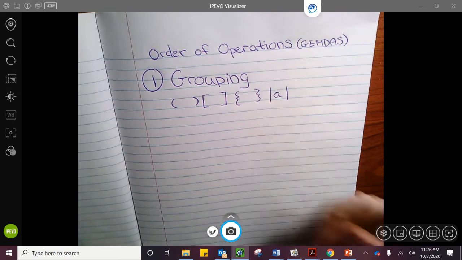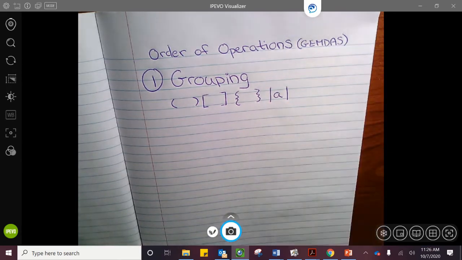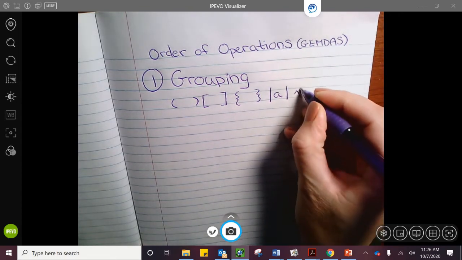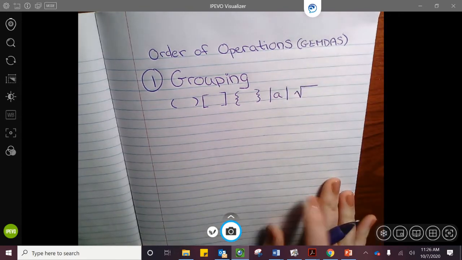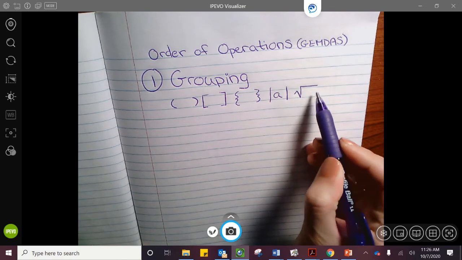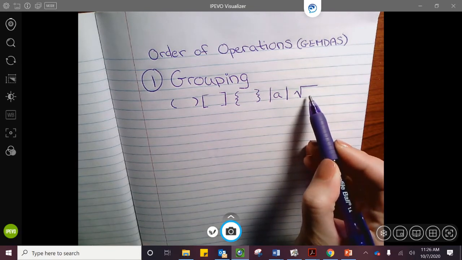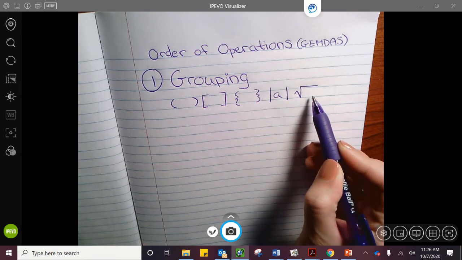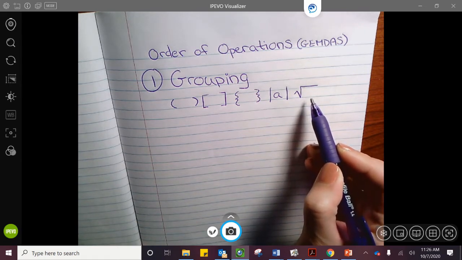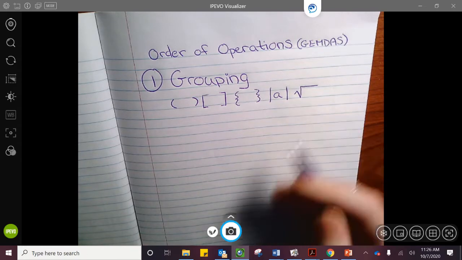So absolute value, square root. If you are taking the square root of something and there might be something underneath that radical other than just one number, maybe you have 4 minus 3 under there. You have to do that subtraction first and see what 4 minus 3 is before you can take the square root of it.